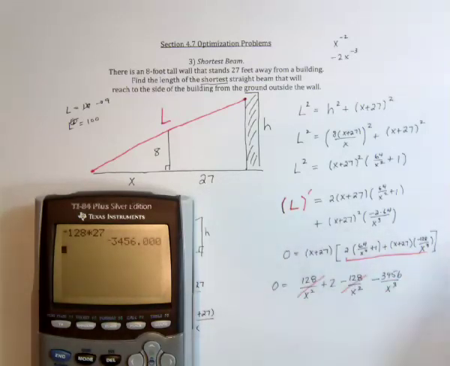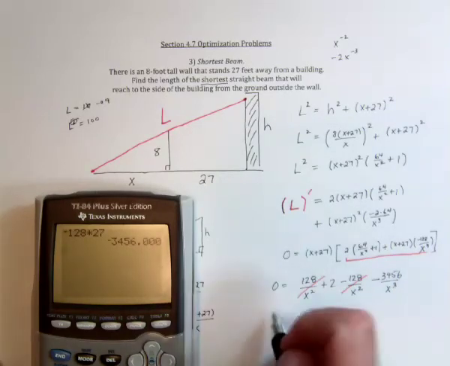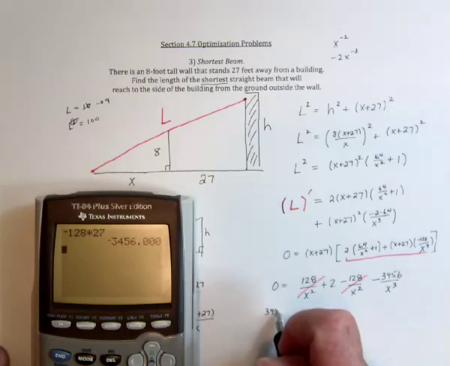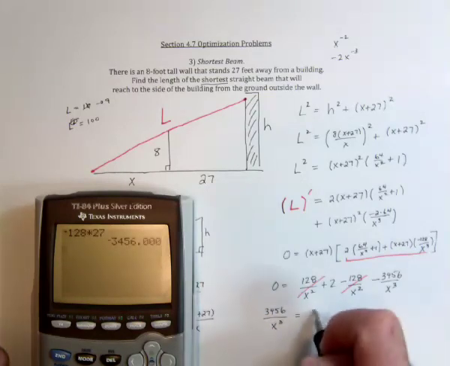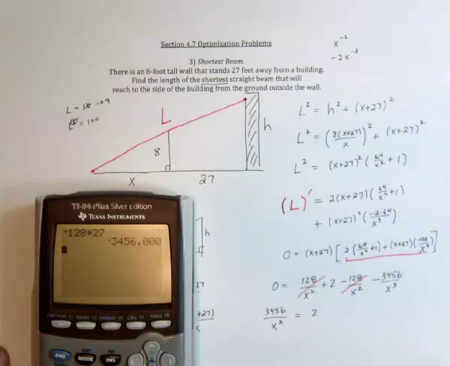So these guys cancel each other out. I can take this one that's negative, put it on that side. So 3456 over x cubed. Oh wow, would you look at this? Now you've got 2, 3, 4, 5, 6. All right, so divide by 2 and multiply by x cubed.